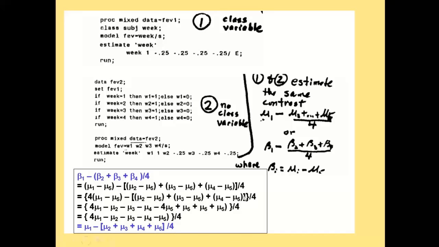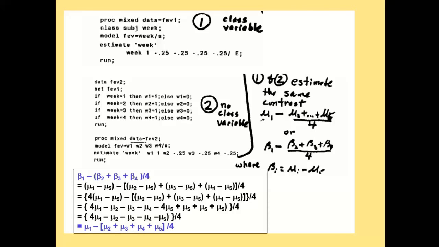So if you plug all these things in and work through the algebra, you wind up finding out that beta 1 minus the sum of the other 3 divided by 4 is actually equal to mu 1 minus the sum of the other 4 over 4. So doing this is equivalent to doing this. Okay? So which one do you want to do? Do either one. 2 ways to do the same thing. You decide.